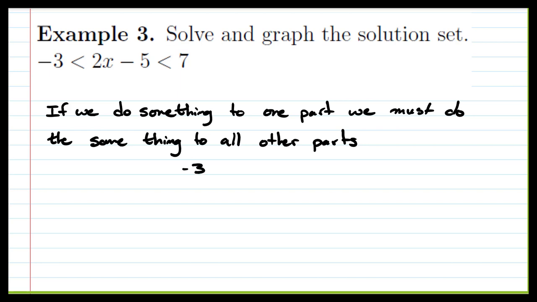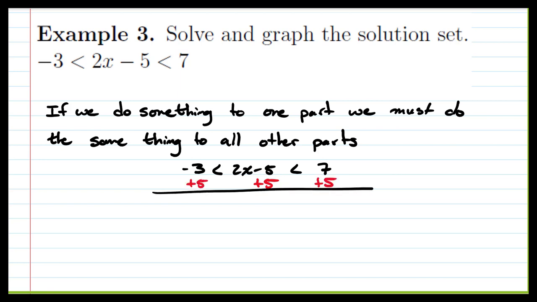So if we start with -3 is less than 2x take away 5 is less than 7, we need to do the same thing to all three parts. So we want to get our x in the middle by itself. To do so, we would start by adding 5 to all three parts of our inequality.